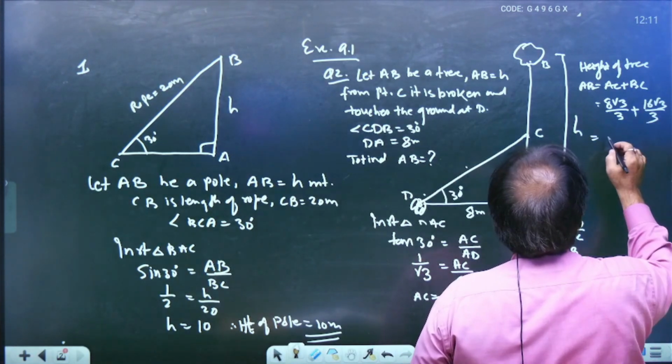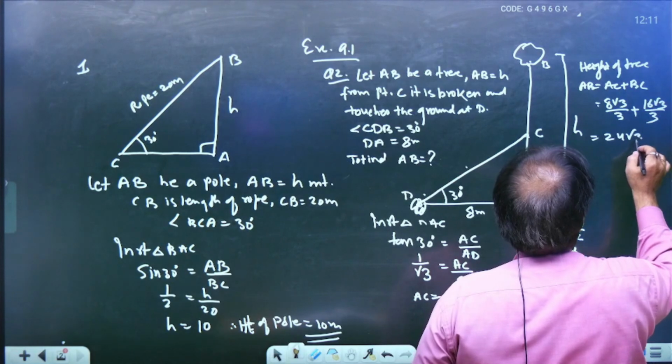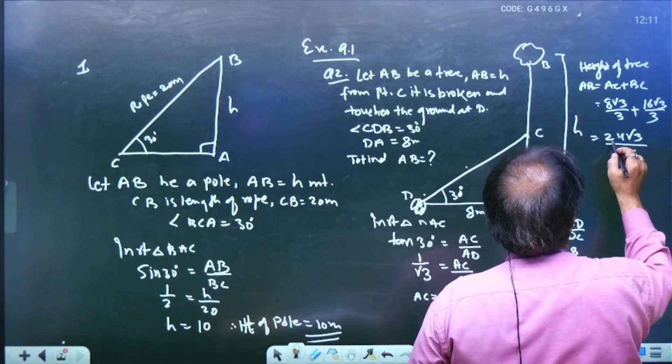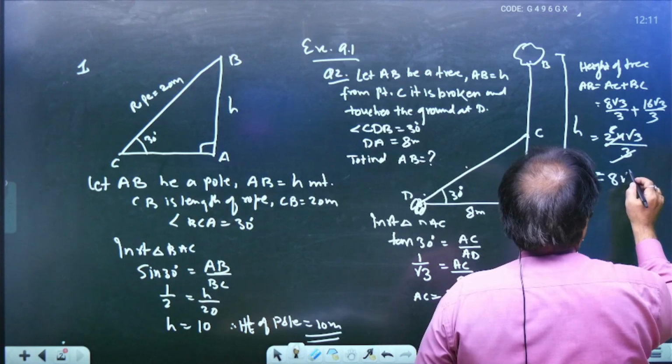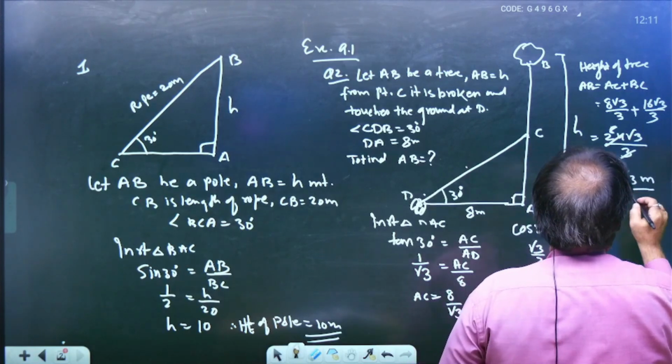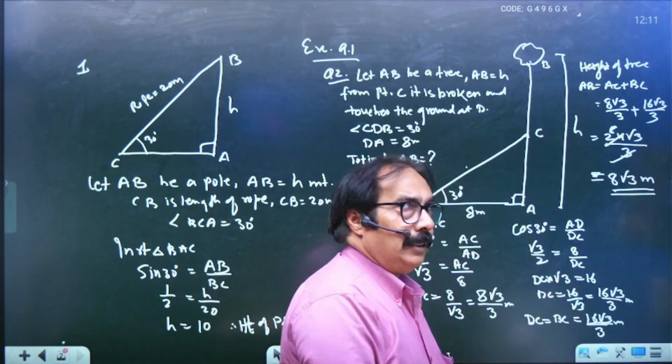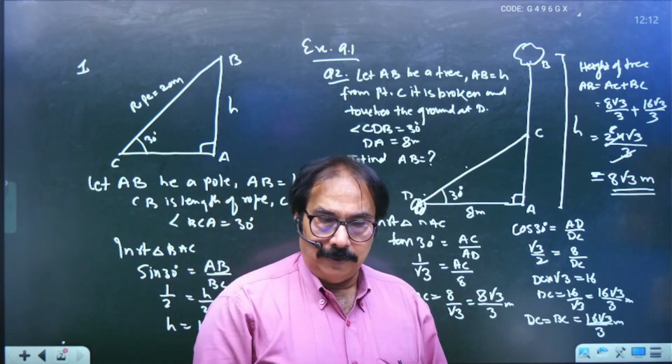So finally it will be 24 root 3 by 3. Now 3 eights are 24, the 3 cancels out. So what is left? 8 root 3 meter, and this is the final answer of the question.